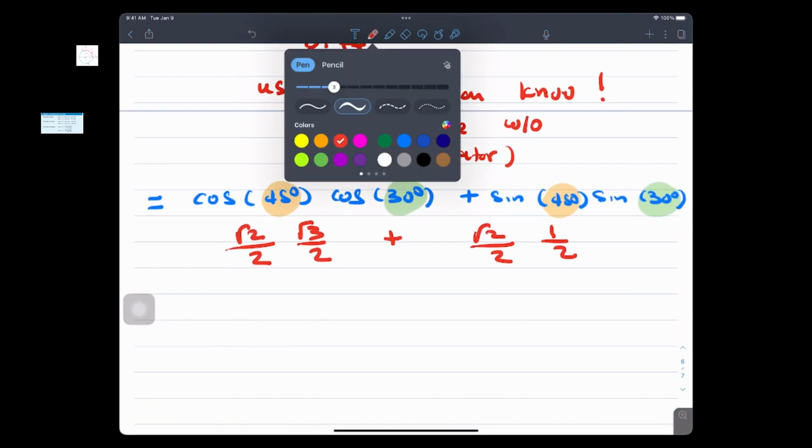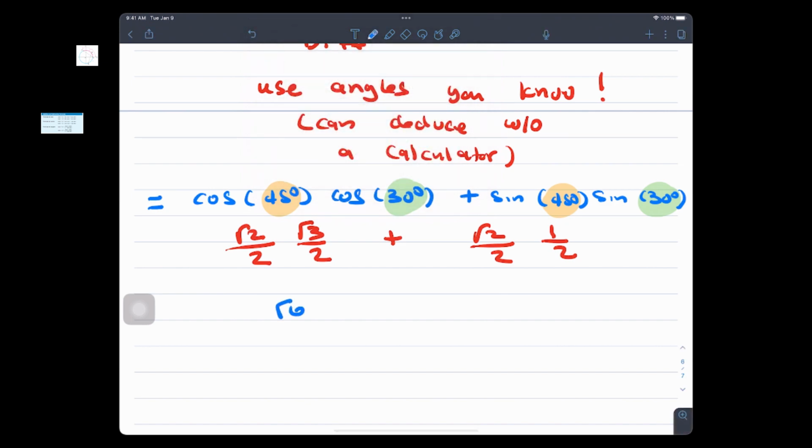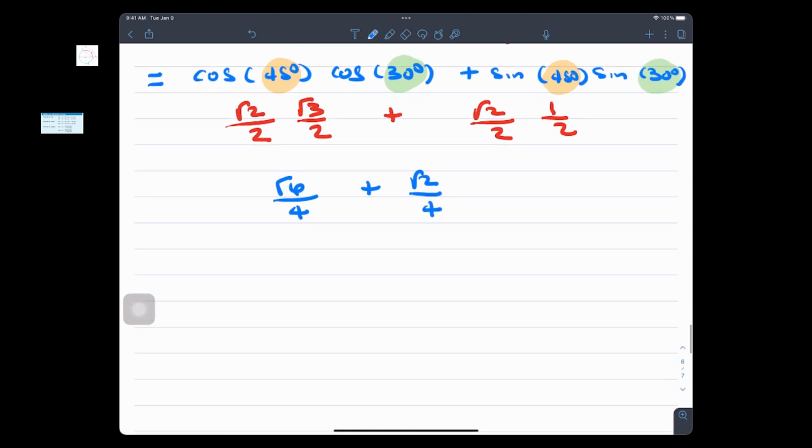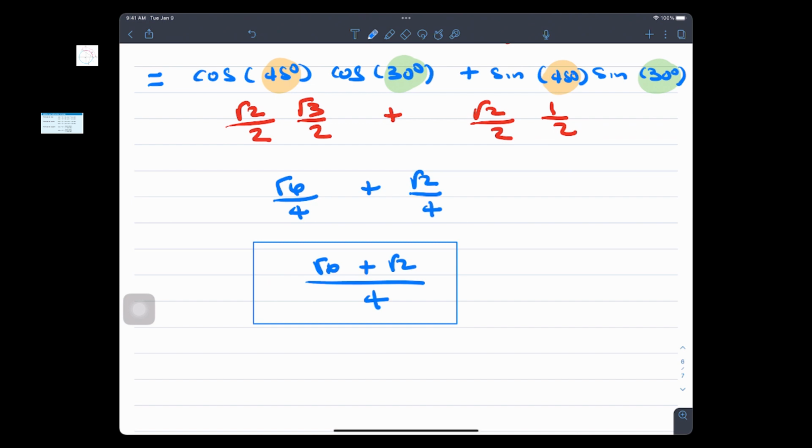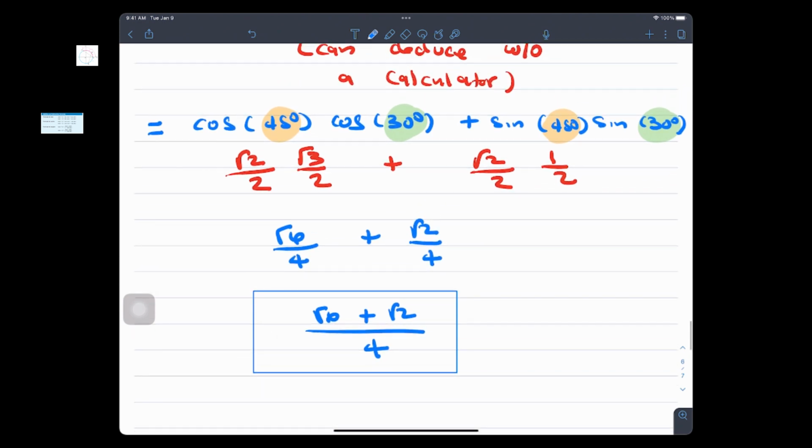So now you just use your algebra here and you say, okay, square root of 6 over 4 plus square root of 2 over 4. And sometimes they just factor out the 4. And ladies and gentlemen, there you go. This is the exact value.